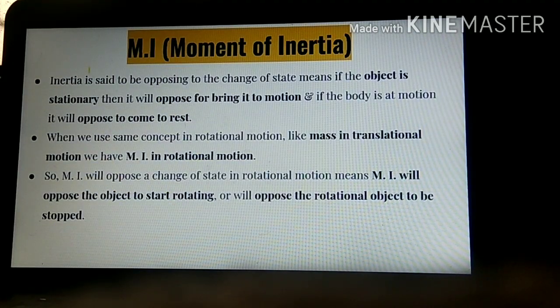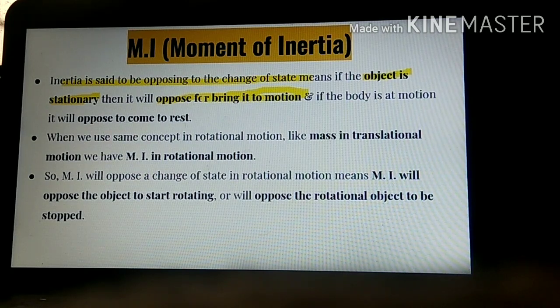So over here, inertia is the opposition to the change of state. Inertia opposes the change of state. It means if the heavy vehicle is stationary, the vehicle will continue to be in a state of rest only. So what will inertia do? It opposes bringing it into motion.